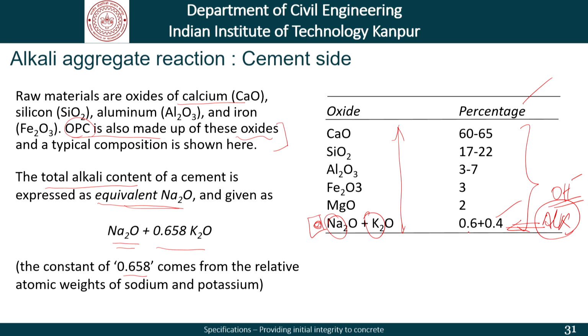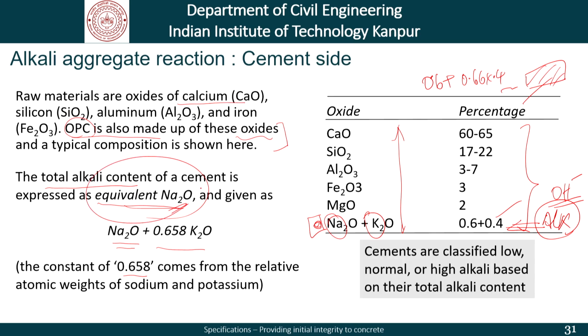So, in this case, for example, the equivalent Na2O will be 0.6 plus 0.66, let us say, times 0.4, whatever that number turns out to be. That will be the equivalent Na2O content of this cement. Based on this equivalent Na2O content, cements can be classified as low, normal or high alkali.